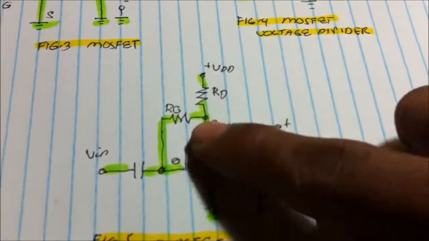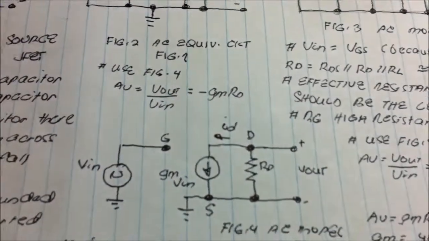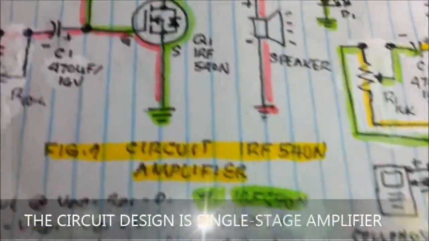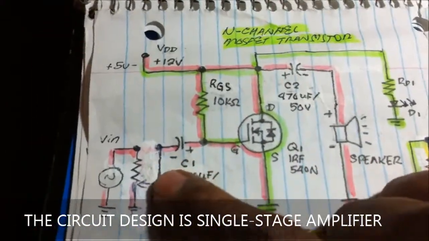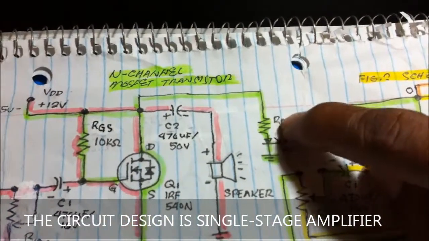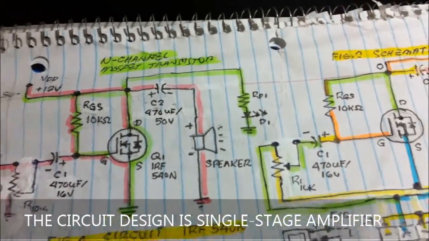So this one is my circuit configuration. Drain, gate, source. I have the same capacitor and the load. What is my load? The speaker connected to the ground. So with only these components, we get this circuit, with the addition of the volume control and power LED. We need this power LED to know that the circuit is on.